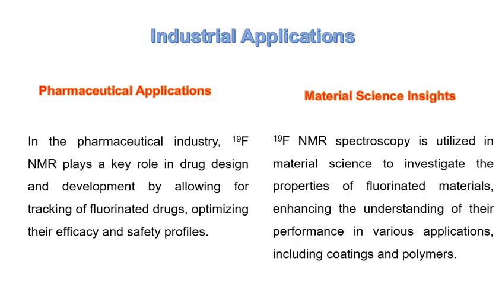It is mainly used for industrial applications, particularly pharmaceutical applications. In the pharmaceutical industry, F19 NMR plays a key role in drug design and development by allowing tracking of fluorinated drugs, optimizing their efficacy and safety profiles.